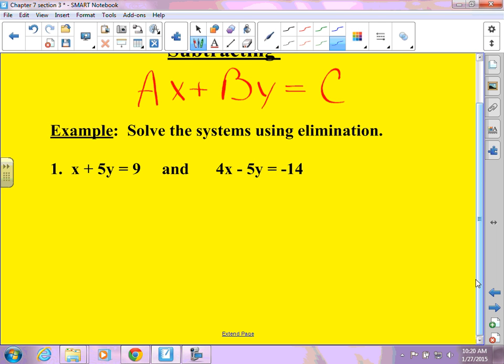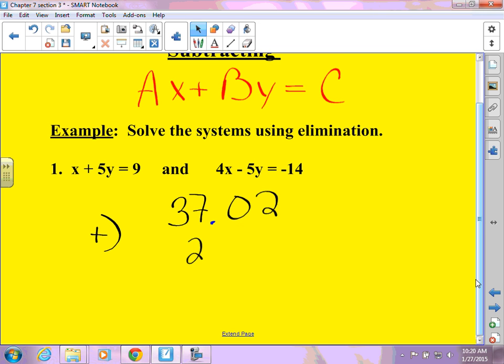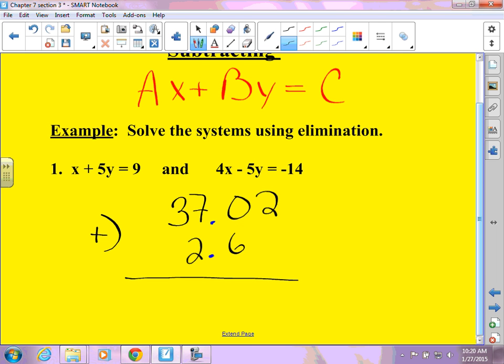So in elementary school, you'd have something like 37.02, and then you'd add 2.6. Do you remember doing that? You're going to do the same type of thing with elimination. You have to line up your X's, your Y's, your equals, and your C's or your numbers. If you don't, it won't work.